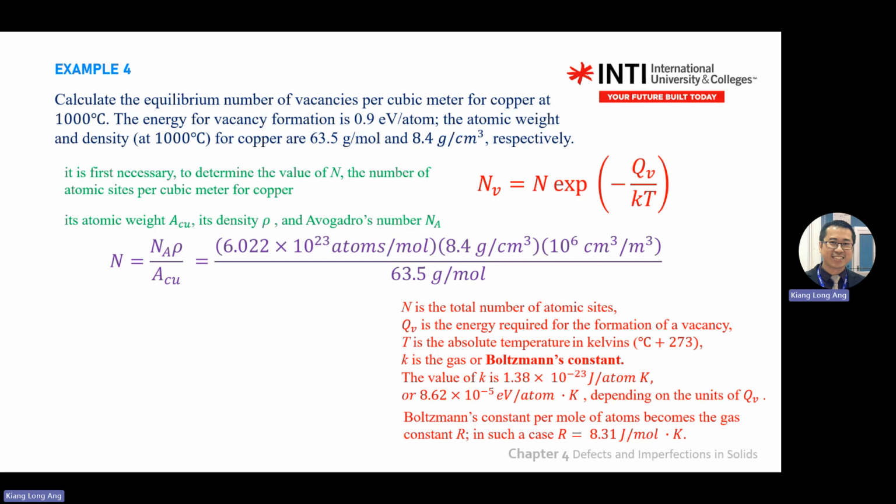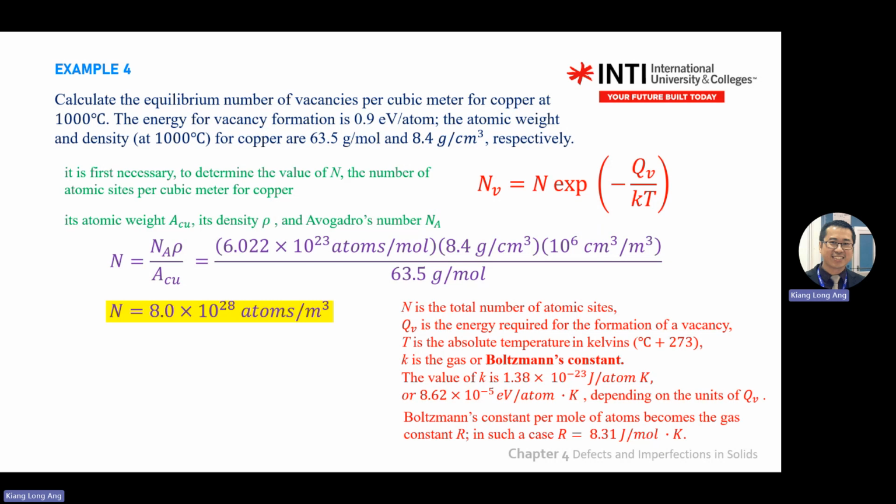This one is in gram per mole, and this one is gram per mole. Avogadro's number is atoms per mole, so you can cancel the mole. Then you multiply by the density. So you are actually getting how many atoms per cubic meter.